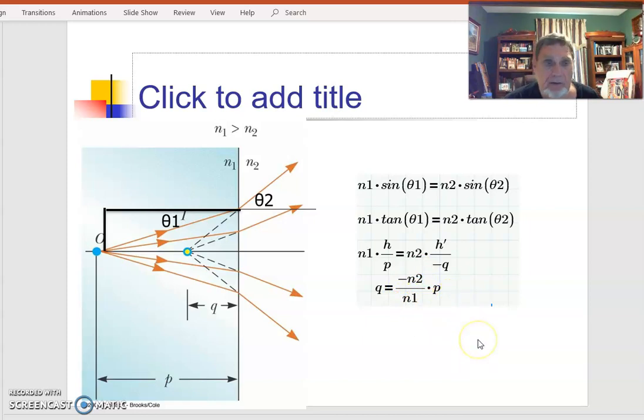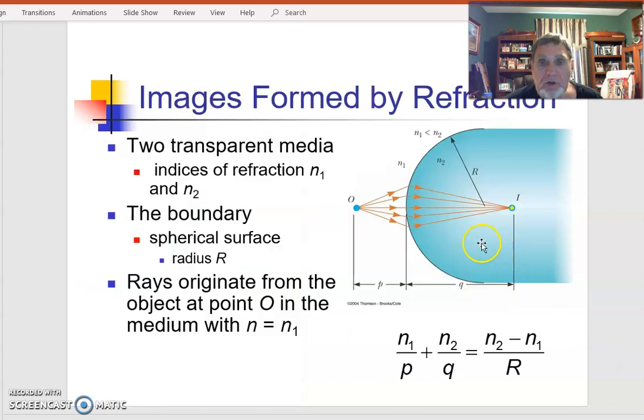Now we're going to use that relationship. I think there may be one homework problem that uses that, but what we're going to do is now think about a curved surface. So this would be like the insect in the glass paperweight, the spherical paperweight. We have to go through that same process and do the refraction there.